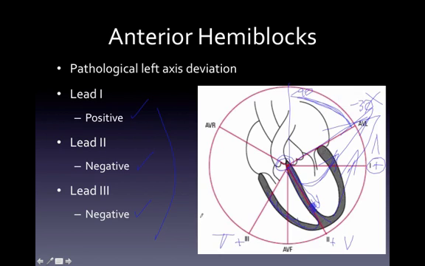If you place them on the limbs, the limb leads are more accurate. So negative 30 to negative 90 as far as the numbers go, or leads 1, 2, and 3 with an up, down, down, or positive, negative, negative deflection. This would indicate that you had a pathological left axis deviation.